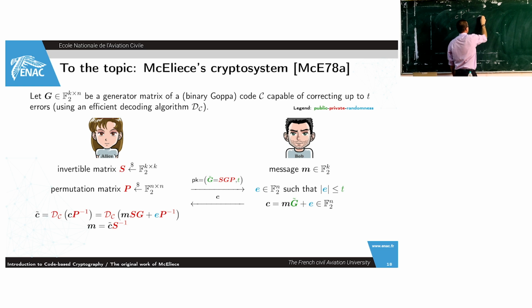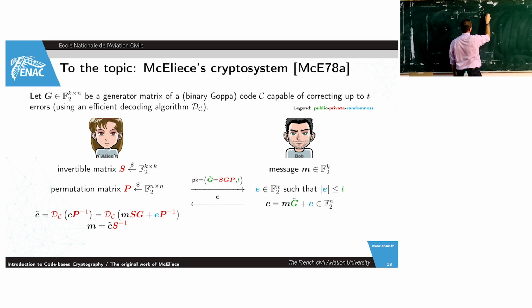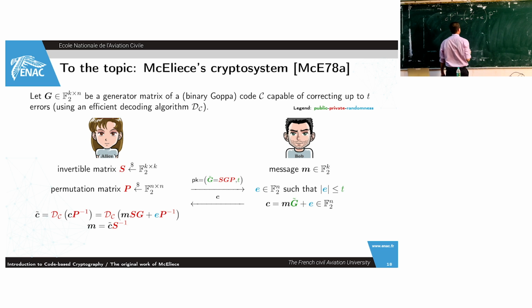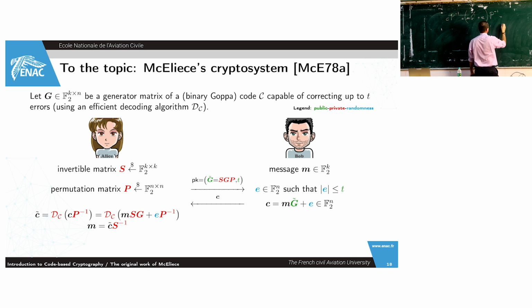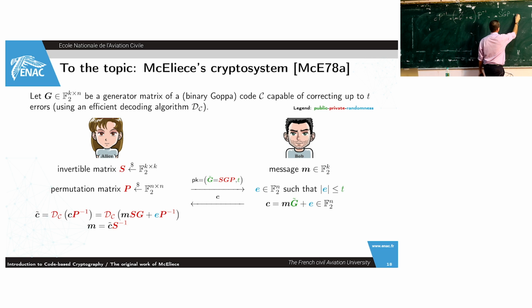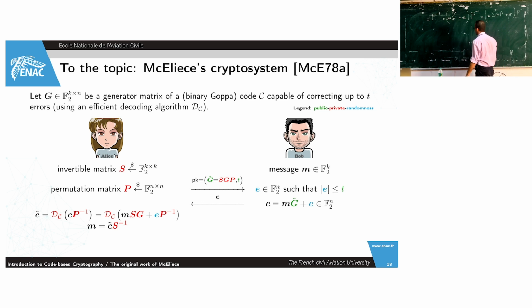But C P minus 1 is M G tilde plus E, times P minus 1, right? But G tilde is M S G P plus E, times P minus 1. So it's equal to M times S times G times P times P minus 1 plus E times P minus 1.